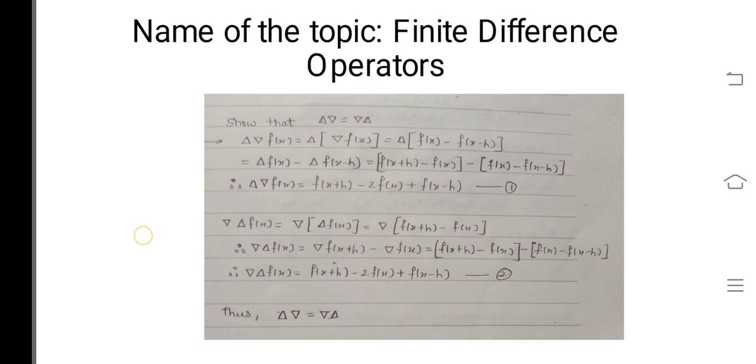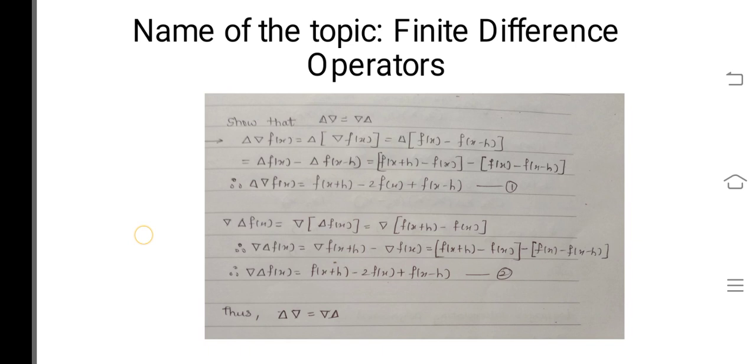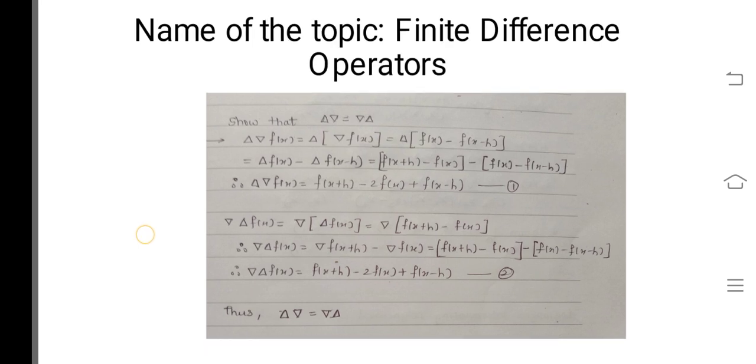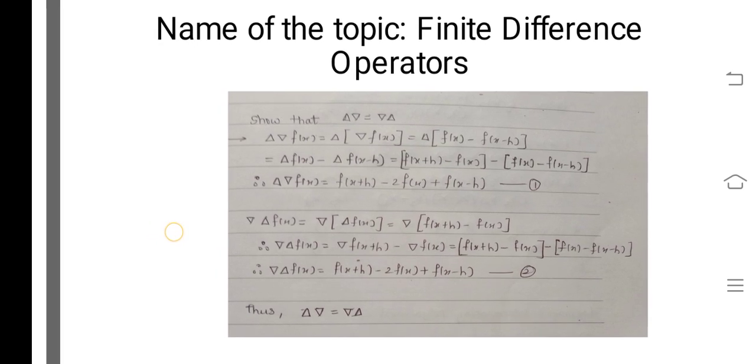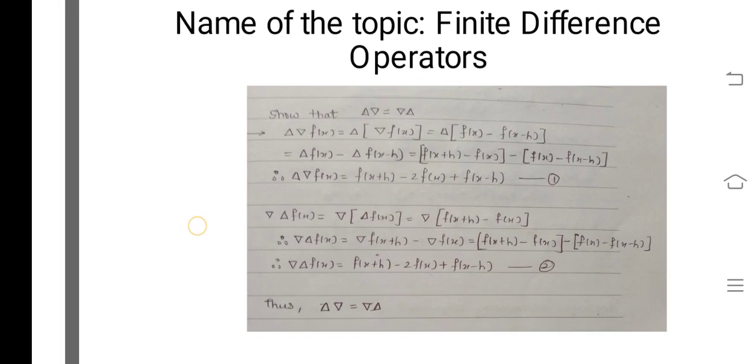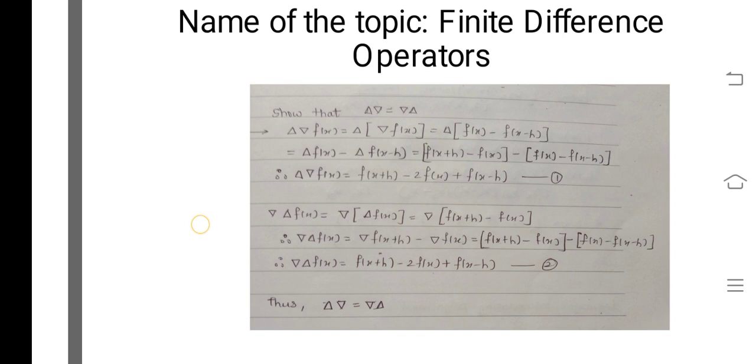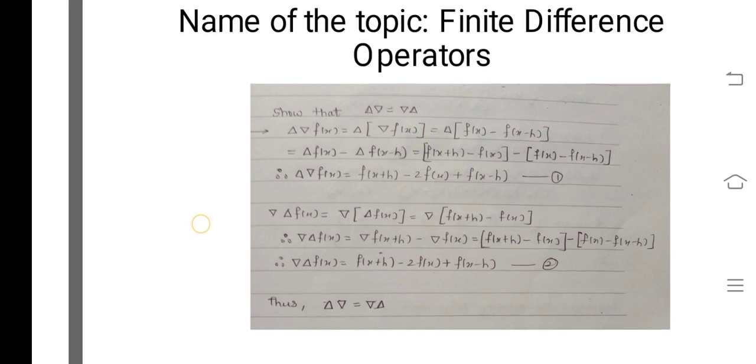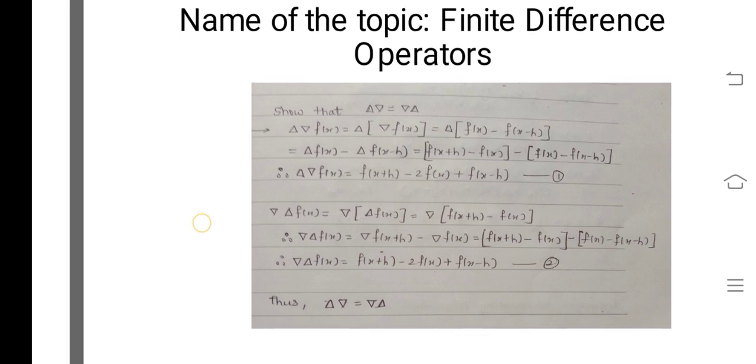So here we consider a function f(x), and then we calculate delta del operating on f(x), which comes out to be f of x plus h minus 2f(x) plus f of x minus h, and then we calculate del delta operating on f(x), which is also the same as this expression, and so we have the equality delta del is the same as del delta.